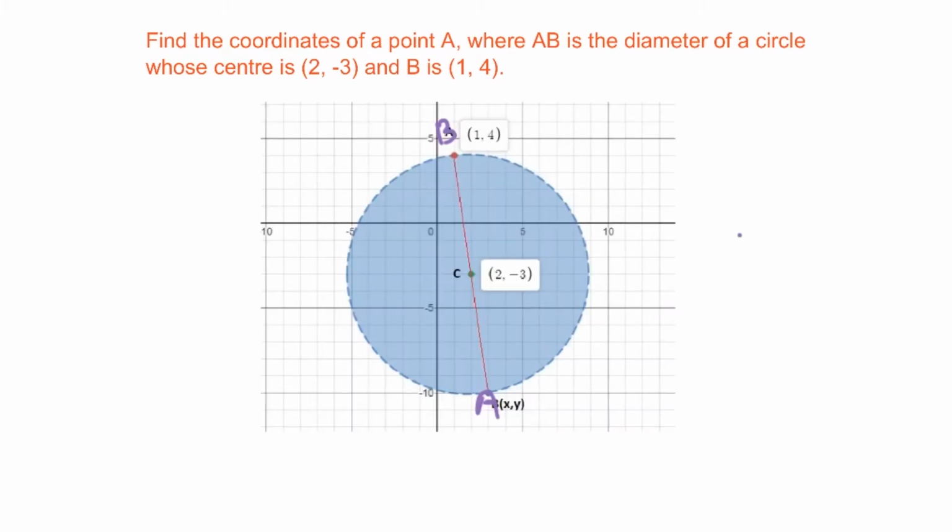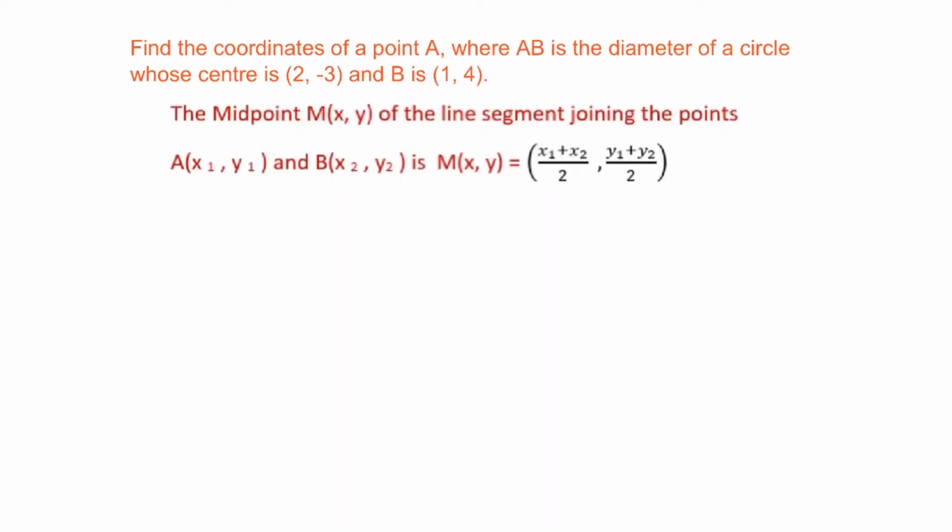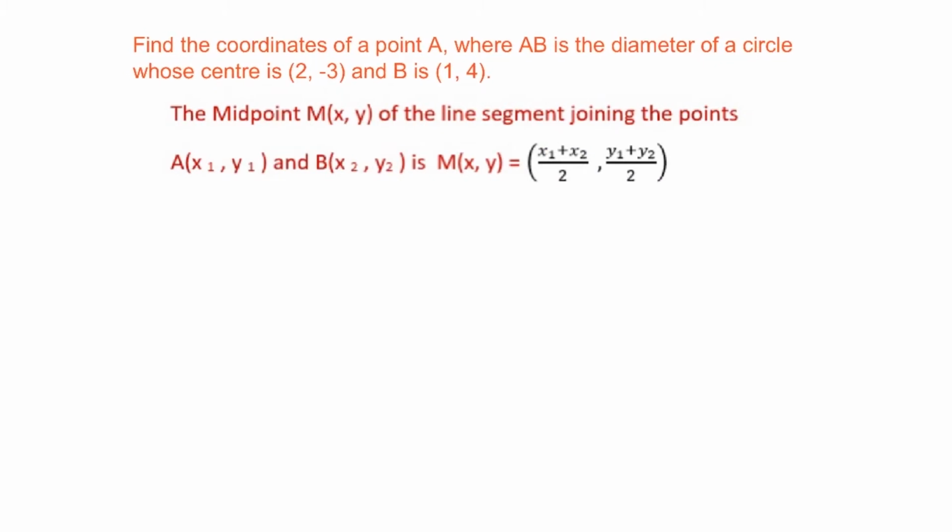So here B is given as (1, 4) and the center is (2, -3). We have to find the coordinates of A, x and y. Here we can clearly see that the center is the midpoint of points A and B. So using the midpoint formula, which is (x1 plus x2) by 2 and (y1 plus y2) by 2, we can solve this.